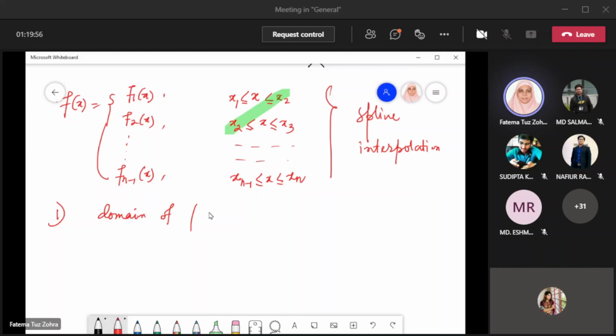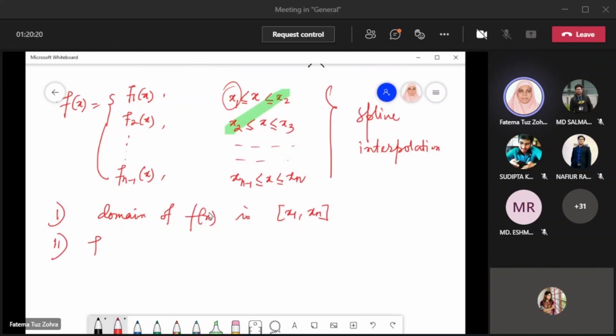That means from the starting point to the ending point, the function is valid. All the points are inside the domain of f(x). That means from x1 to xn there will be no gap. For all those points, the function is valid.